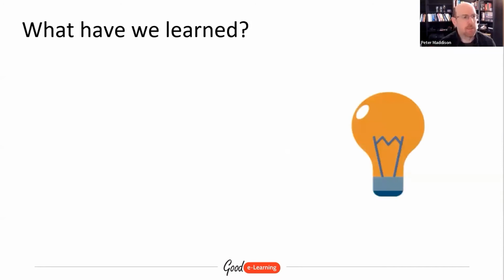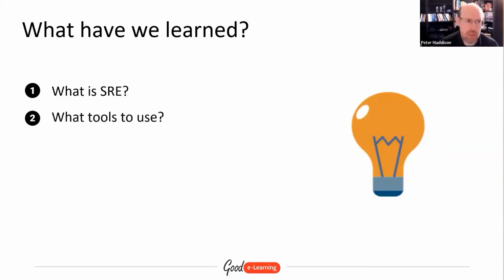So what have we learned? We've learned about what an SRE is. We've talked about where it came from. We've talked about all of the aspects of it, how it relates to Agile and DevOps. We talked about the tools that we use, SLOs, SLIs, SLAs, talking about error budgets. We've talked about infrastructure as code, policy as code, monitoring as code. We talked about all of these different tools that we use as SREs to help improve our environments.